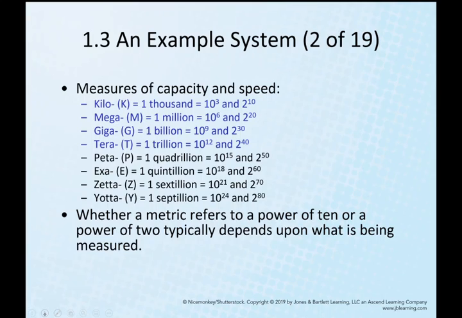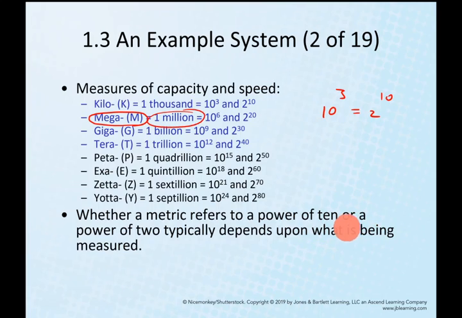We have kilo. Kilo is 1000. We show it with a capital K, and it is equal to 10 to the power of 3 or 2 to the power of 10. It's very important to know that 10 to the power of 3 is approximately 2 to the power of 10. The next level is mega.